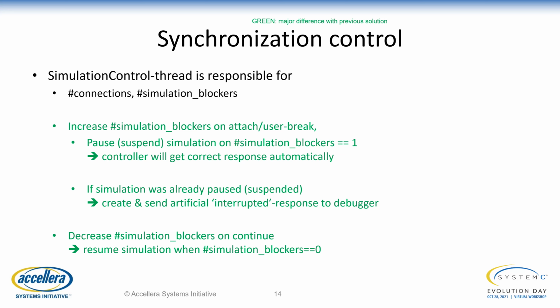If the simulation was already paused due to another debugger, I will create and send an artificial interrupted response to the newly attached debugger. And when I give the continue command in the debugger, I will decrease the number of simulation blockers and resume the simulation when it's 0 again.